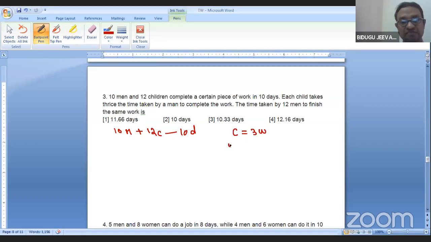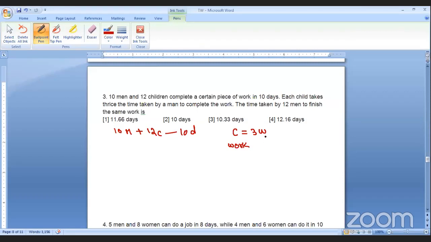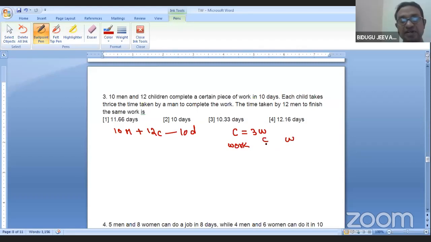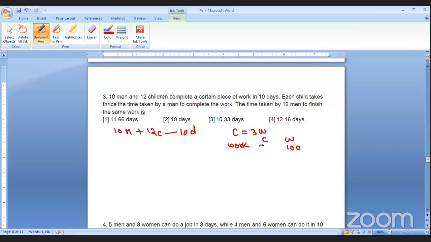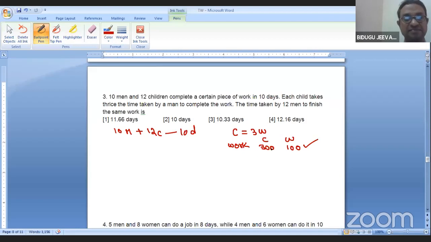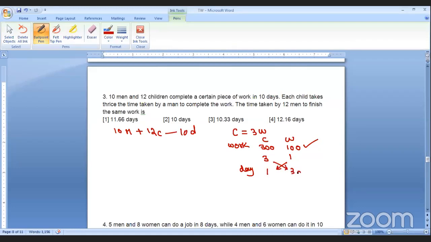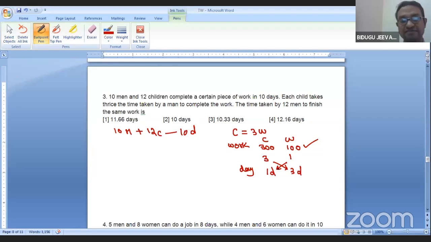So I'll write work, child, woman. If a woman can do 1 work, a child can do 3 works. Are you following this expression? If you write the days, it is absolutely 1 and 3.